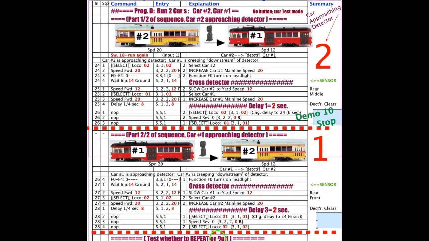But the point being, if we add these three commands here and add these three commands here, we can convert this routine to one where they're both moving to one where the one that comes across the detector into the yard stops instead. It just makes the routine a little more complicated, but it's just another option as the way you can do this.